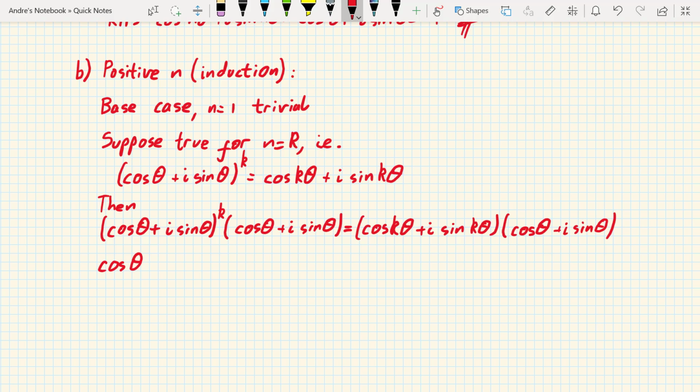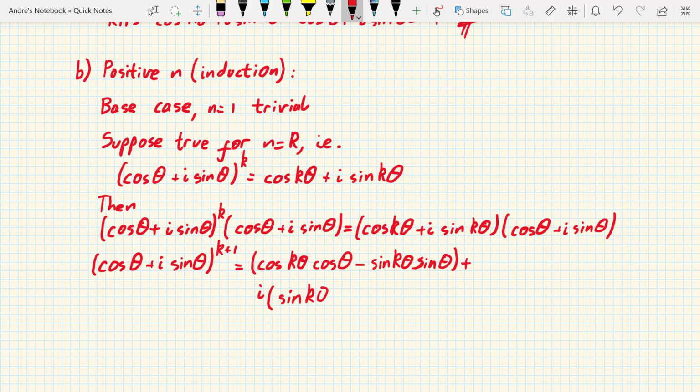Now on the left-hand side, that just combines to give (cos theta + i sin theta)^(k+1). On the right-hand side, we expand the brackets and collect the real and the imaginary terms. For the real terms, we get cos k theta cos theta minus sin k theta sin theta.